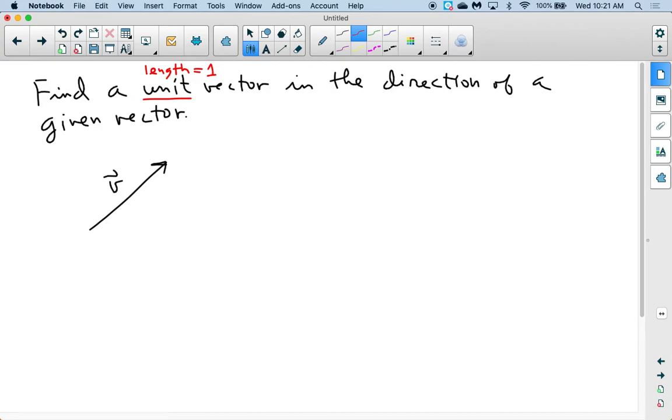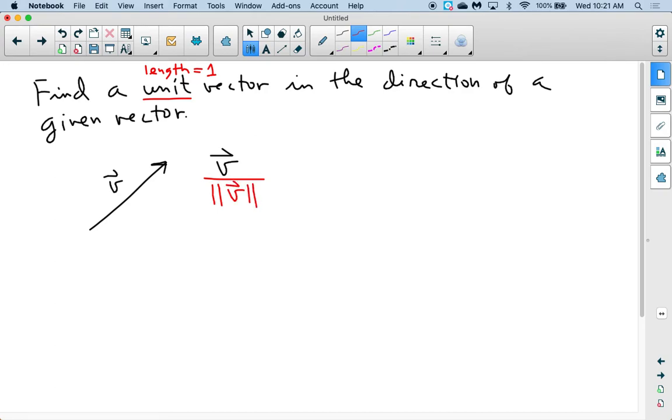Well, how would I do that? How would I shrink v down to unit size? Well, it's actually very straightforward. The way to shrink v down to unit size is to take v and divide by its magnitude.